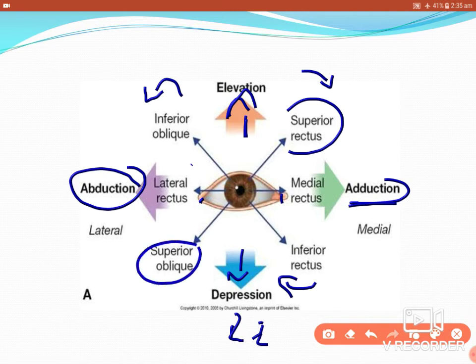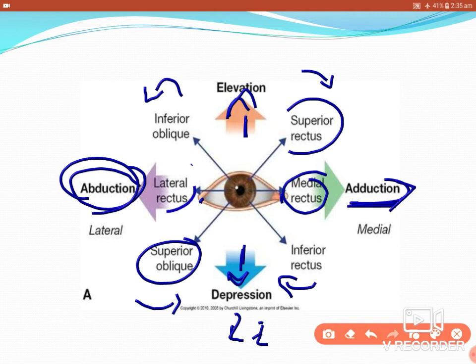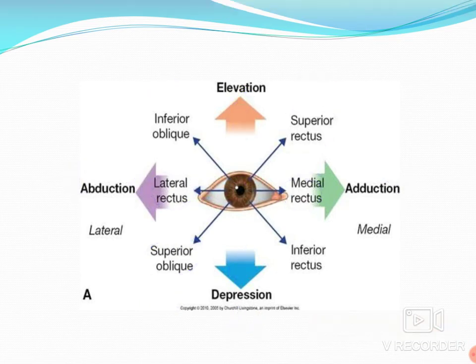The superior oblique produces depression, then intorsion, then also abduction. The medial rectus, its contraction produces only adduction. The lateral rectus, its contraction produces only abduction. Okay. So these are the actions of these muscles.